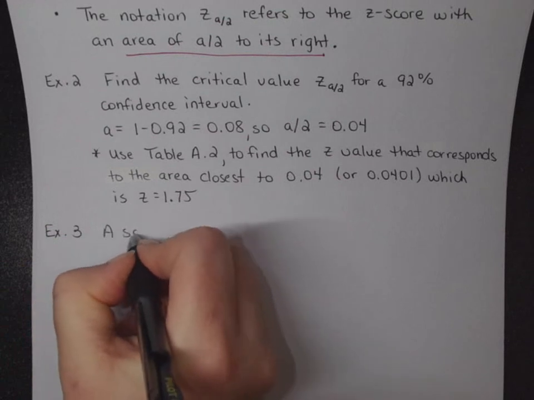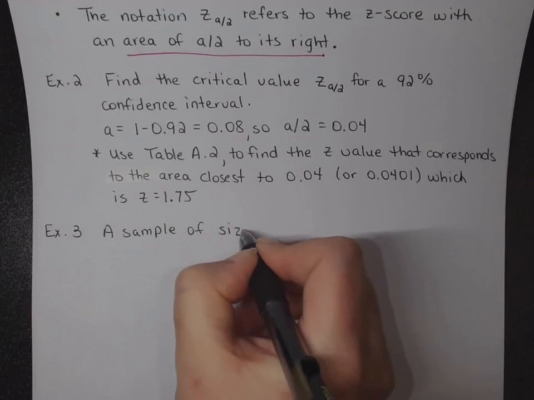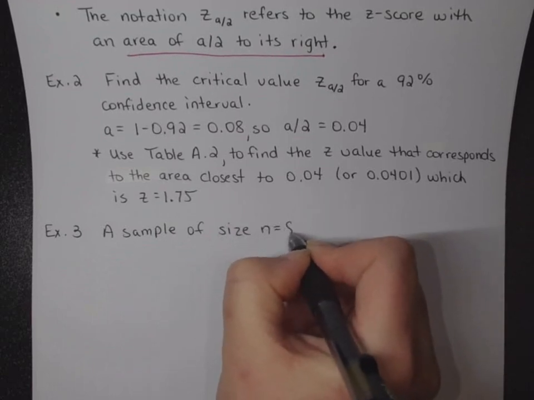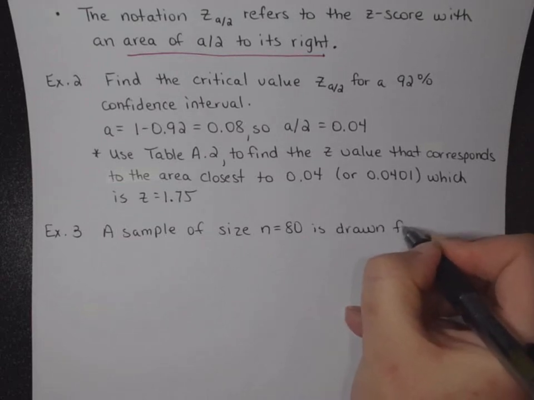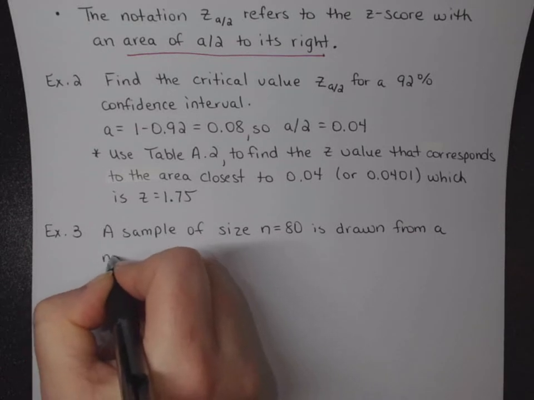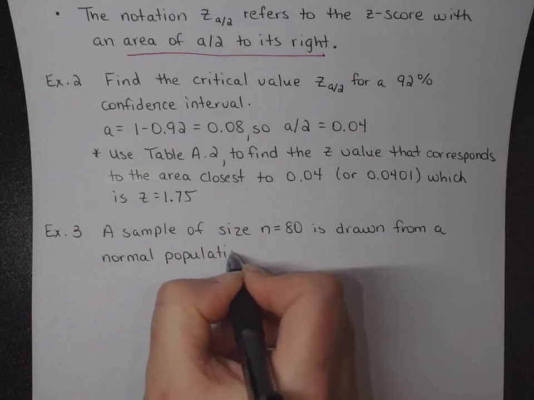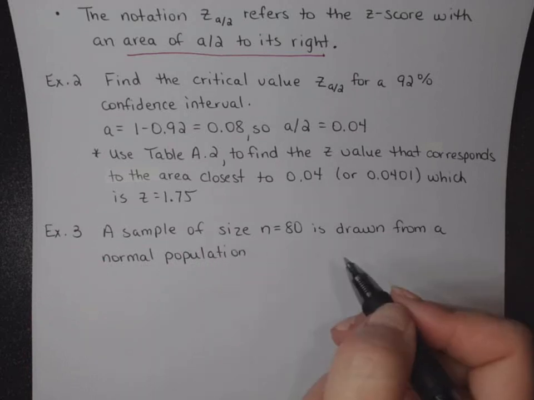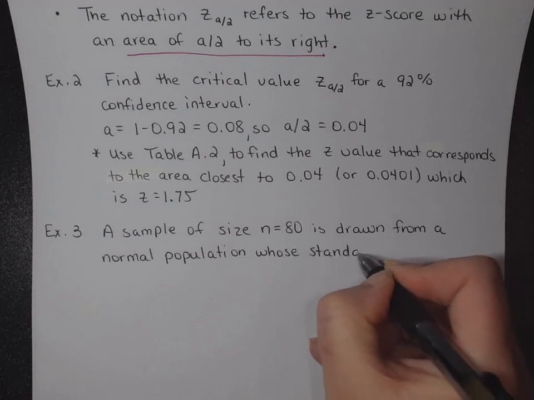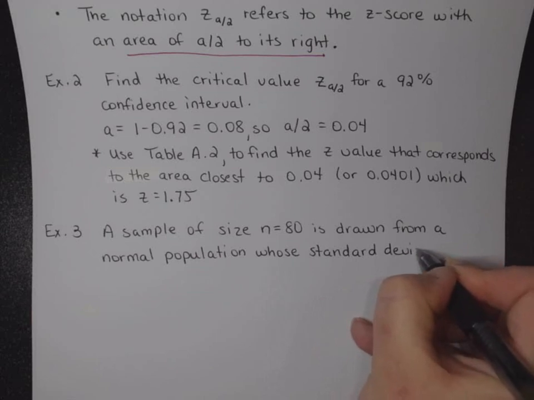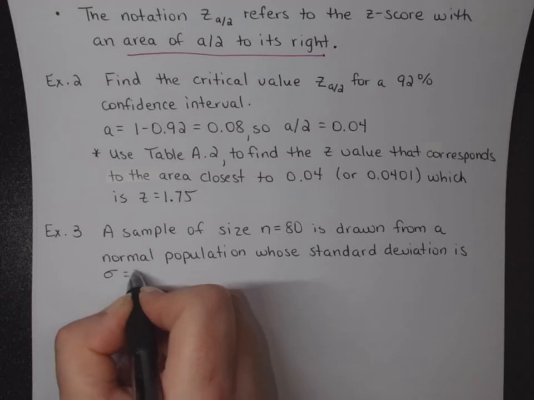All right, so let's look at an example where maybe we have to figure out more of the information. I'm not going to give you as much of it. So let's say we have a sample size of 80, and that sample size of 80 is drawn from a normal population whose standard deviation is sigma equals 6.8.